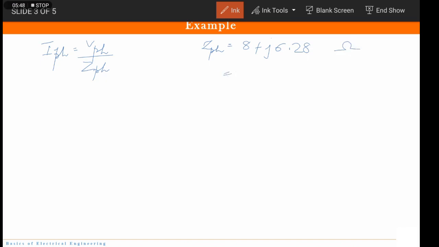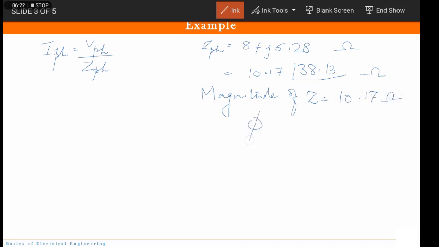So after converting this into polar form, the magnitude of Z comes out to be 10.17 ohms and the value of phi comes out to be 38.13 degrees.